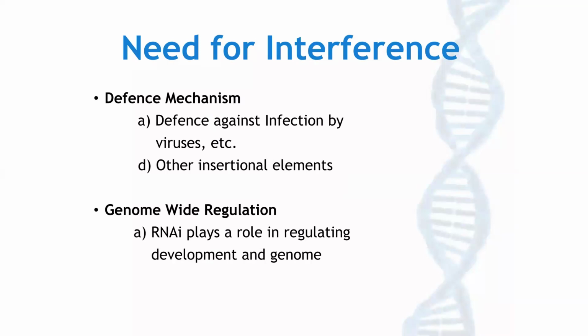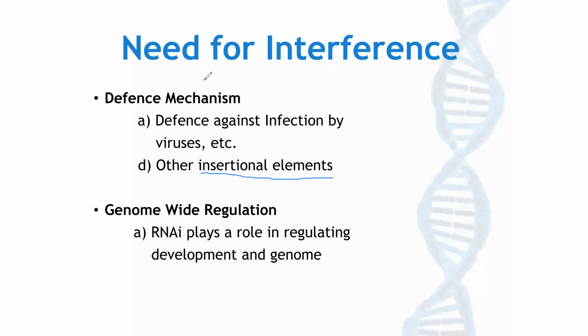And then second, we have what you call insertional elements. In the genome itself, there are what we call insertional elements, or transposable elements. When we say transposable element, it means that they are mobile genetic elements. They are parts of the DNA that have the ability to transfer themselves from one point to another.